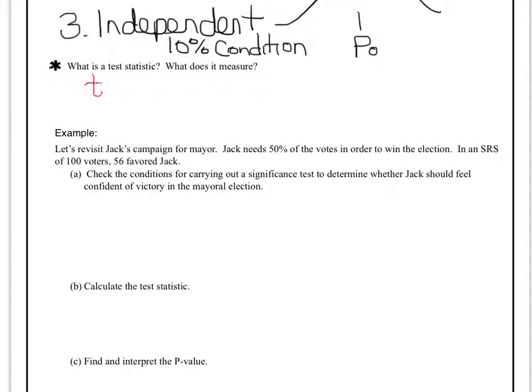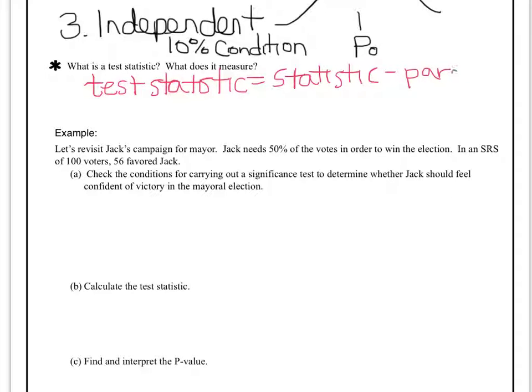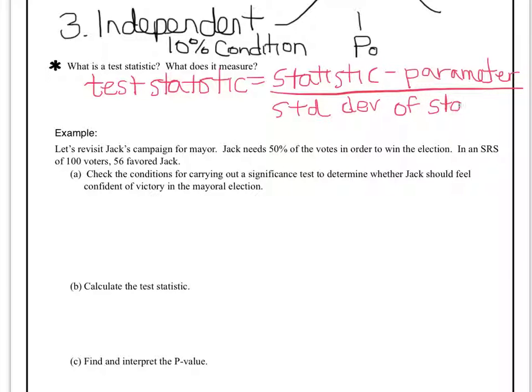What the test statistic is: it's a statistic, which is the information we get from our sample, minus our parameter, which is the information we get from our null, divided by the standard deviation of the statistic.